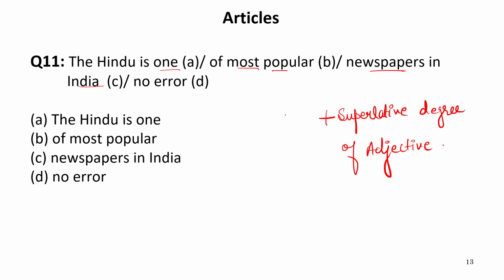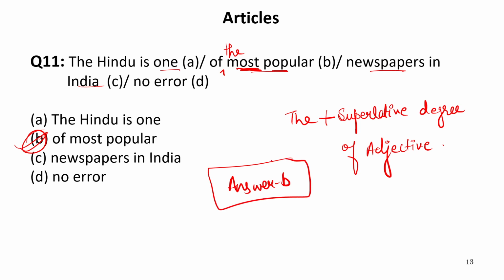Before every superlative degree, we always use "the". So here "most" is the superlative degree of popular. Therefore, we need to add "the" before it. So the correct sentence will be: the Hindu is one of the most popular newspapers in India. So the error is in part B. So our answer is B.